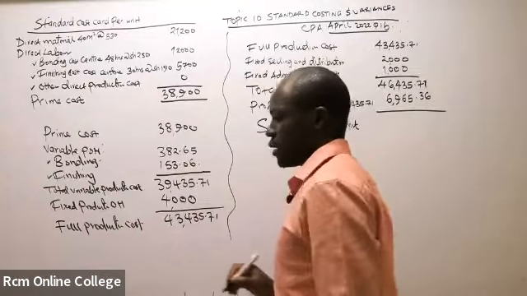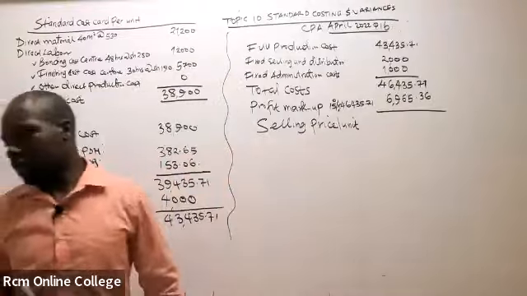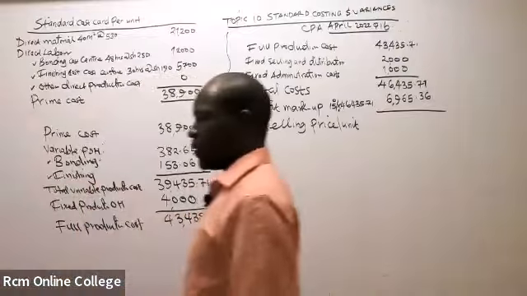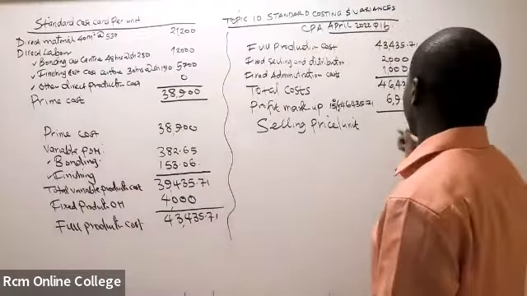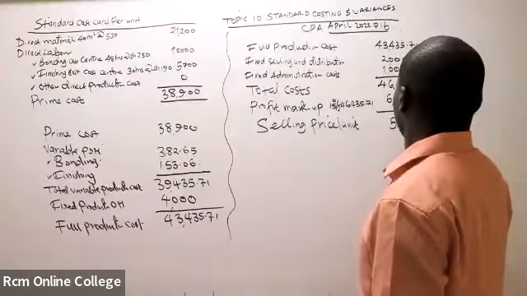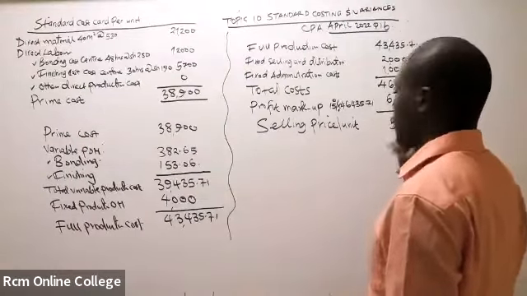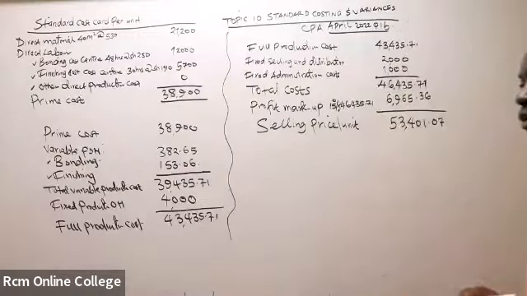Now that all these costs are per unit, budgeted selling price itakuwa ngapi? $53,401.07. Is that what we are getting?